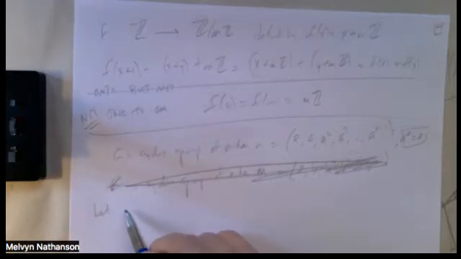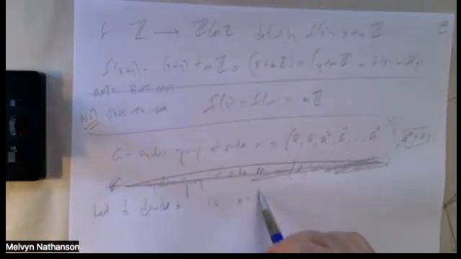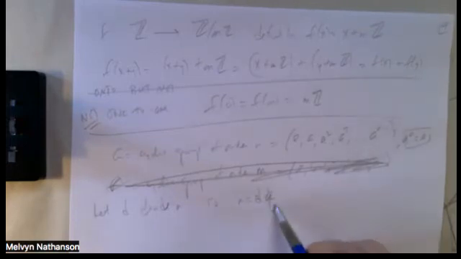Suppose we let d divide n. So n is d times k or d times q for some q. Let f of x equal x to the d.